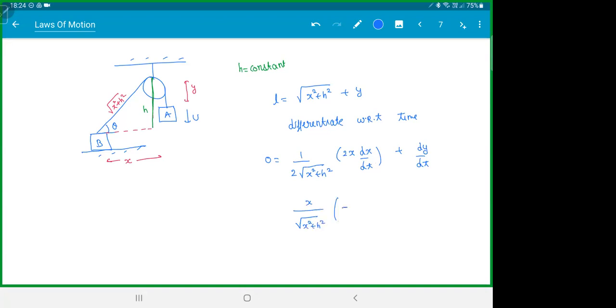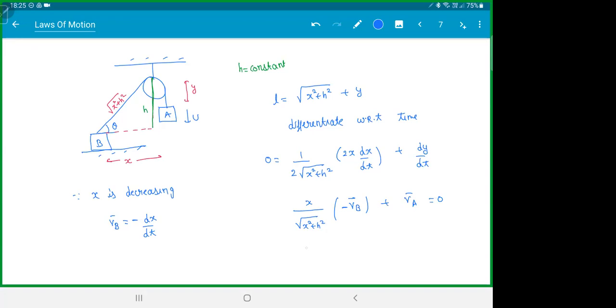And this would be, remember, minus vB. Why? Because x is decreasing. Since x is decreasing, velocity of B is minus dx by dt. If x is increasing, it will be plus. So that is one thing you should know in differentiation. Plus dy by dt is velocity of A. Y is increasing, so A is positive.